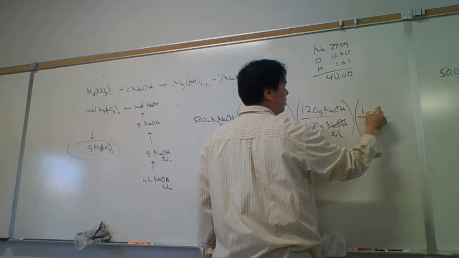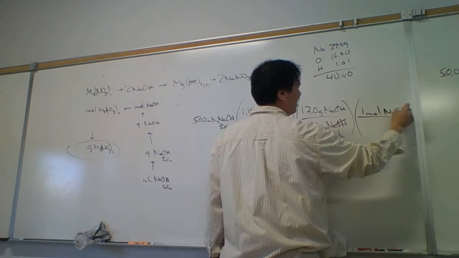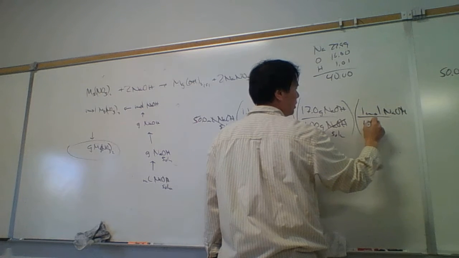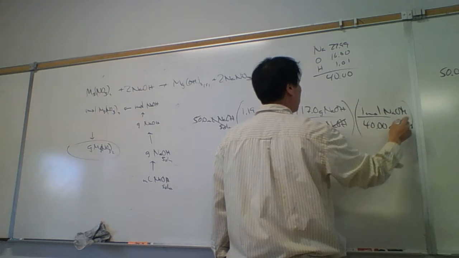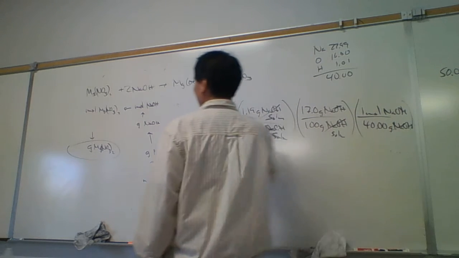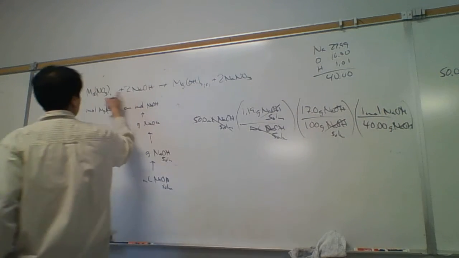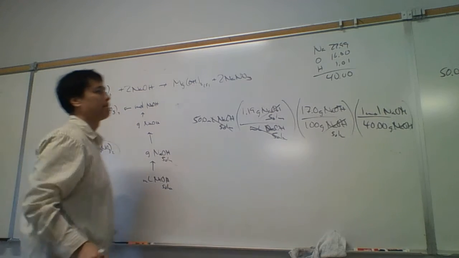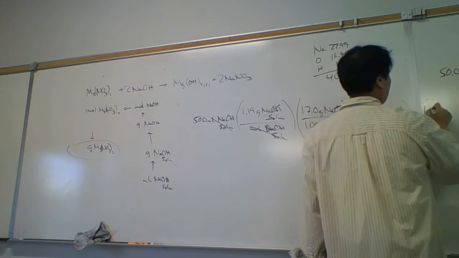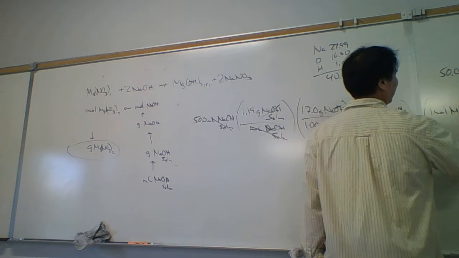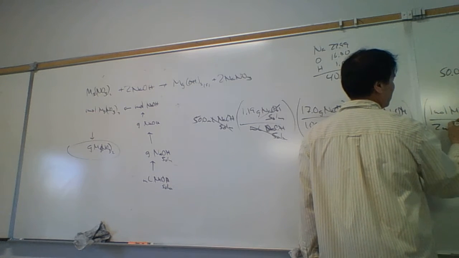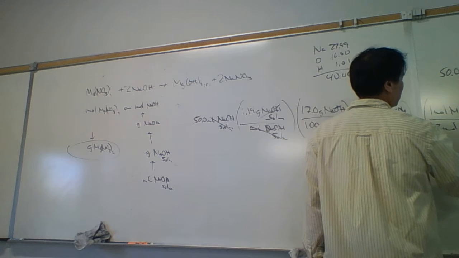And so 1 mole of sodium hydroxide weighs 40.00 grams. So that takes me to moles of A to moles of B. It looks like a 2-to-1 ratio here. And so 1 mole of magnesium nitrate for every 2 moles of sodium hydroxide.